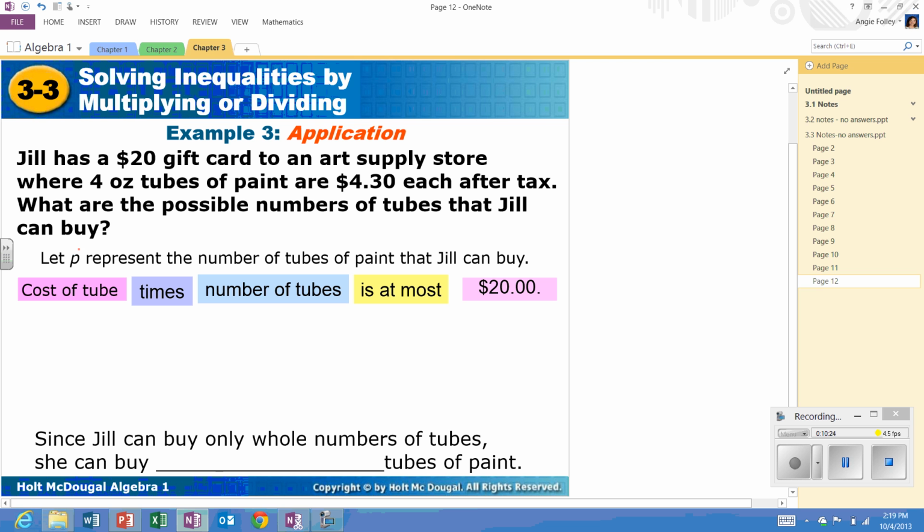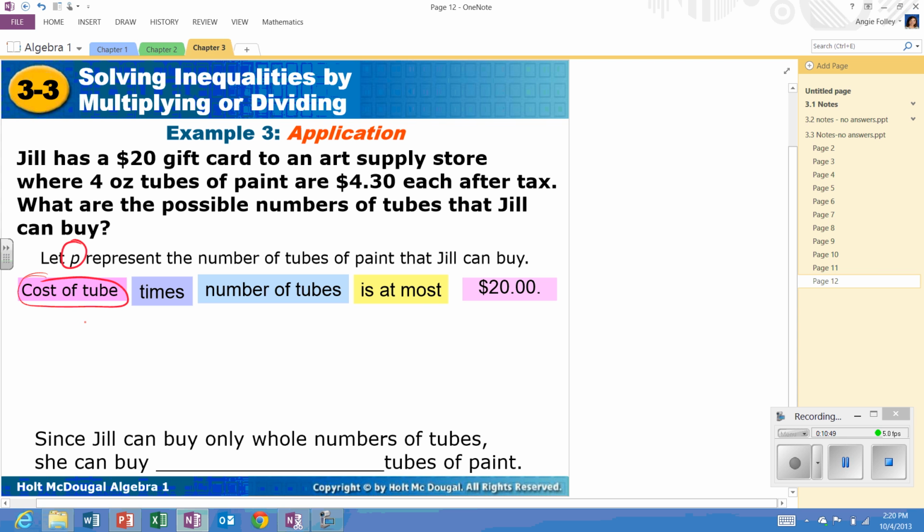All right, and they tell us to let P represent the number of tubes of paint that she can buy. On your notes, I actually wrote P here, so make sure that you change that to cost of tube. So the cost of a tube is going to be multiplied by the number of tubes, and that is at most, we can't spend more than $20.